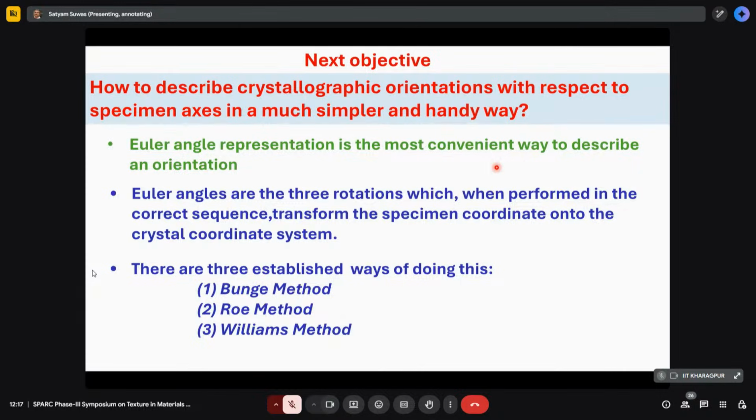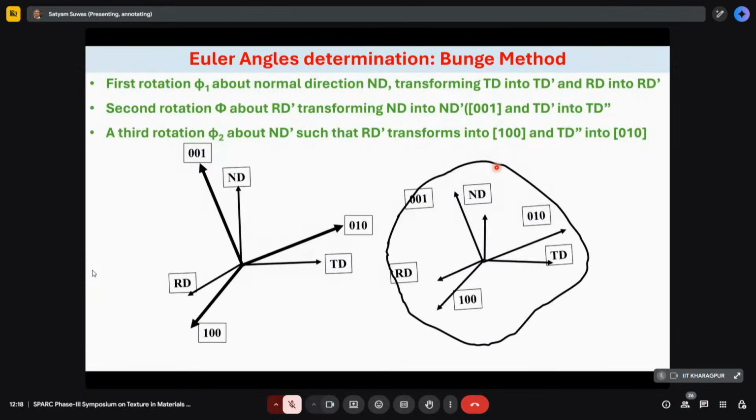Probably around the same time, or a little later, but independently, Professor R.O. Williams from the UK also had a method. But since texture is highly populated by German scientists from the beginning, whichever country you go to, lots of German people will be working on texture, or at least the first or second generation people all had some connection with Germany. So the Bunge method got more popularized, and let us see how it works.